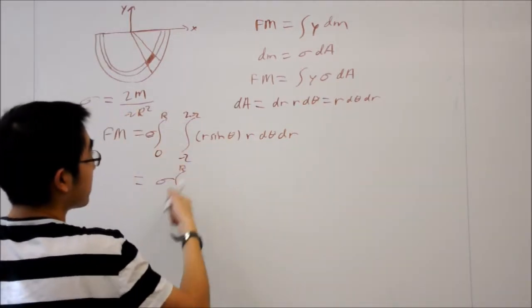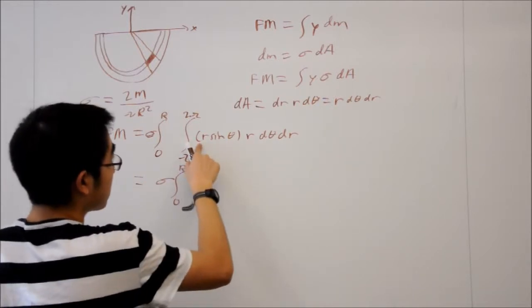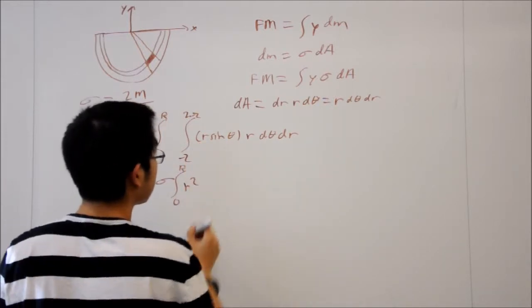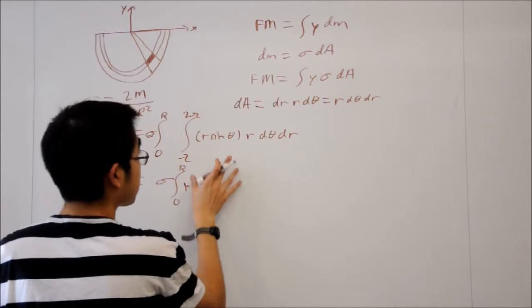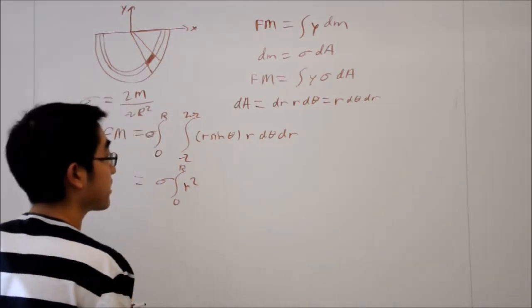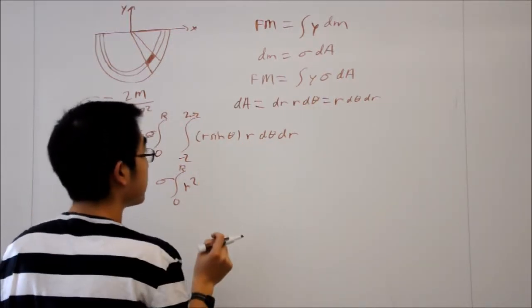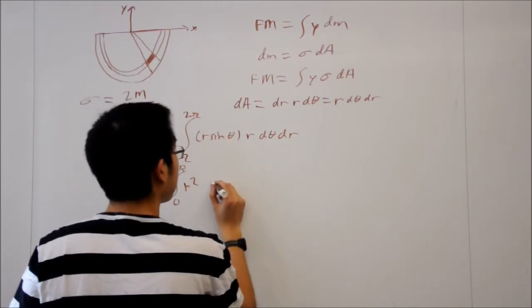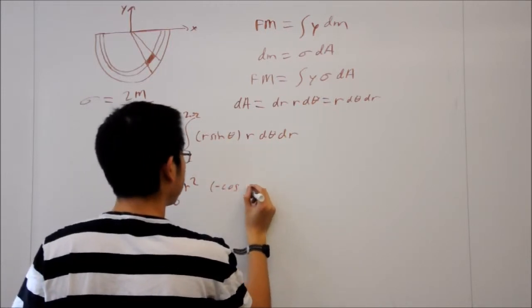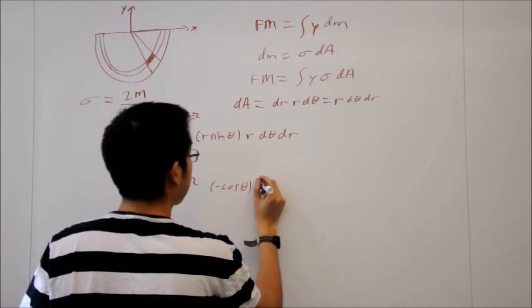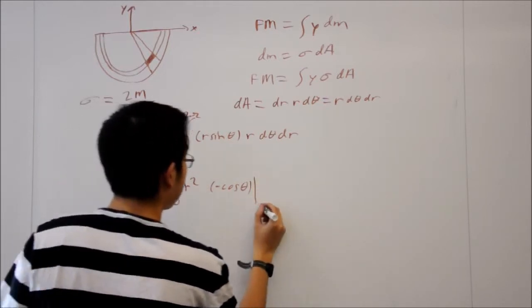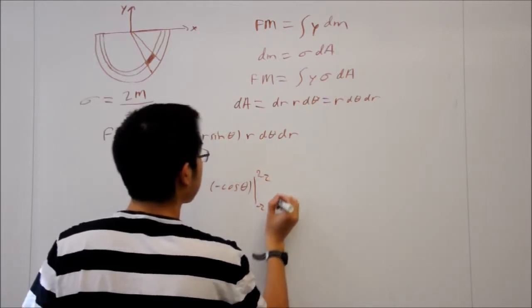So let's first integrate the theta component. So we've got the r squared here, that's just a constant when you're integrating with respect to theta. And for sine theta, the integral is negative cos theta, and we're evaluating that from pi to 2 pi.